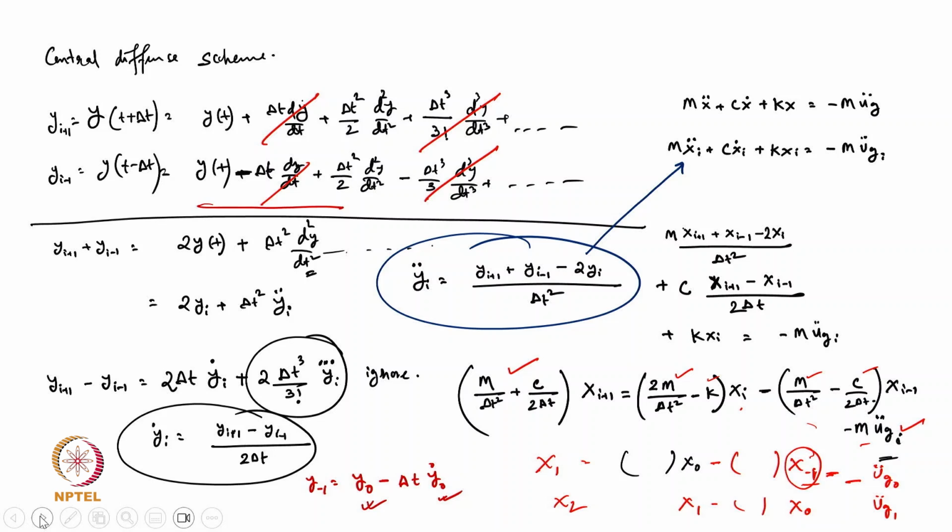And also, more importantly, we are using the forcing for the ith step, not the i plus 1th. Look at that term, it is at i, not i plus 1. So the complete thing is at the ith step. We are forecasting what will be the i plus 1 step.